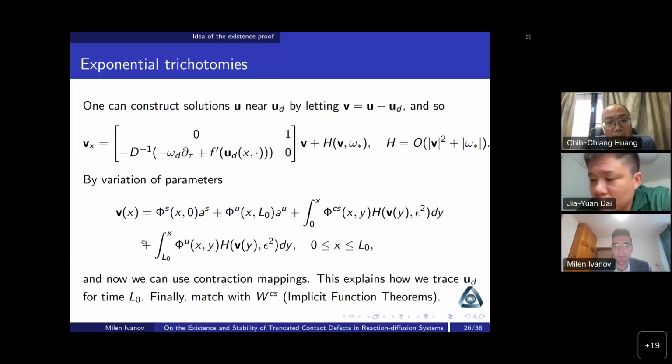It needs the exponential trichotomies, but other than that it's fairly standard. This method is also seen when we study, let's say, center manifolds. That's the variation of parameters. The method is standard itself.